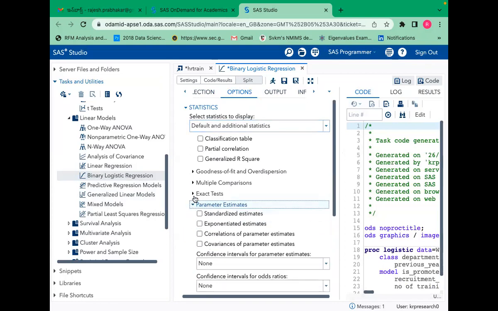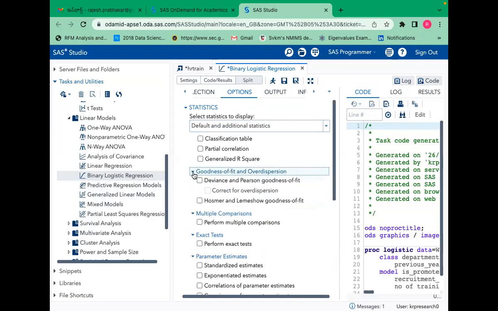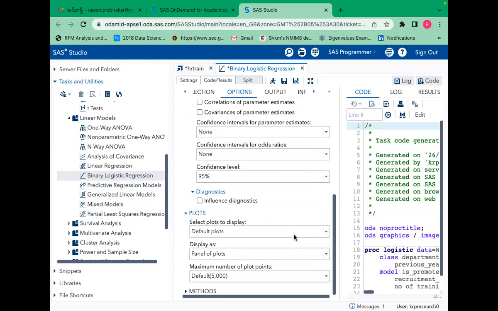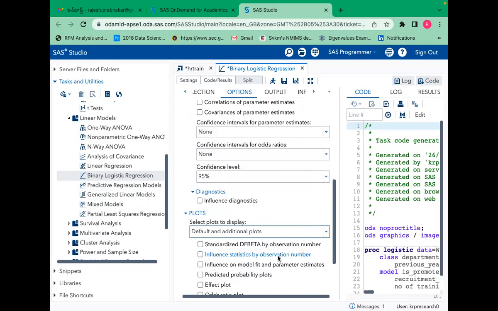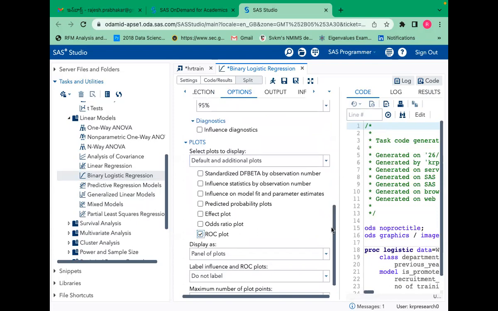Diagnostics, parameters, exactness, goodness of fit, classification table. Plots we can do, ROC plot.